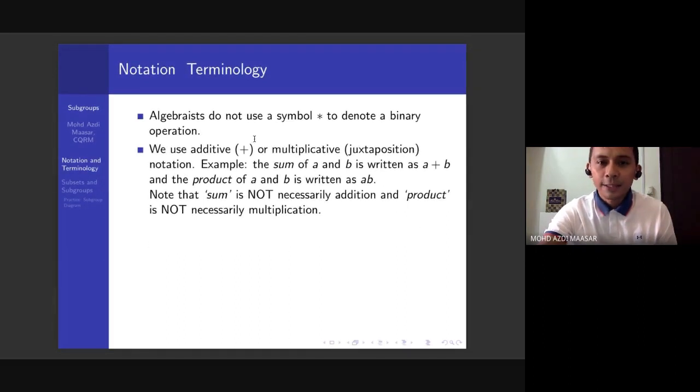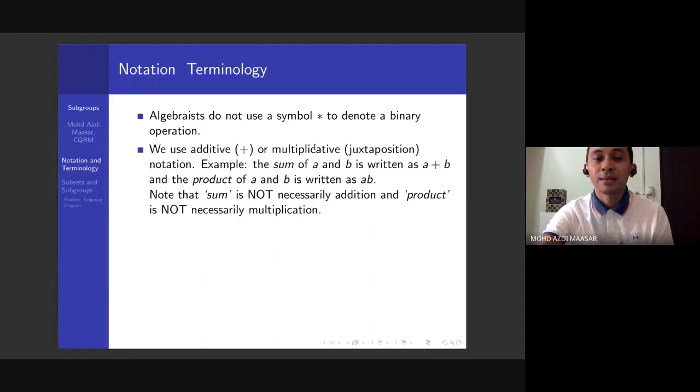One more thing that I need to note to you here is about the additive notation. We usually use additive notation for binary operations that are commutative, and multiplicative notation, as also stated in the text, for binary operations that are not necessarily commutative.